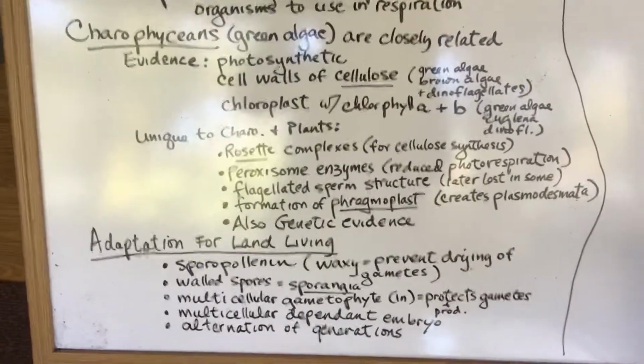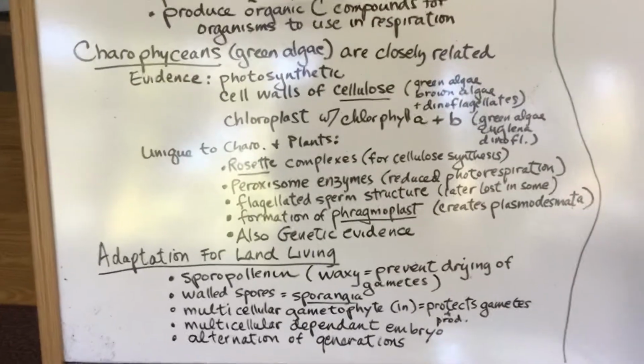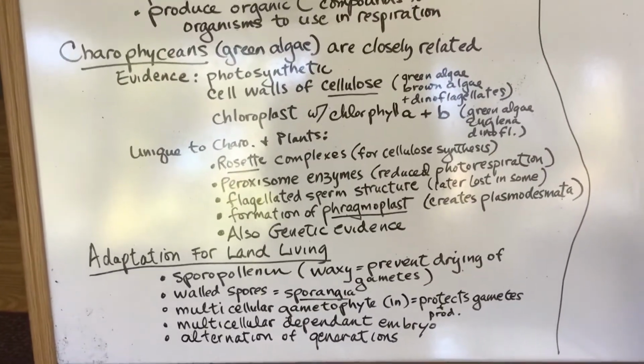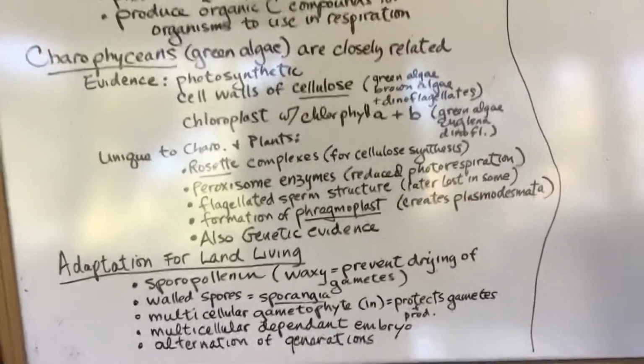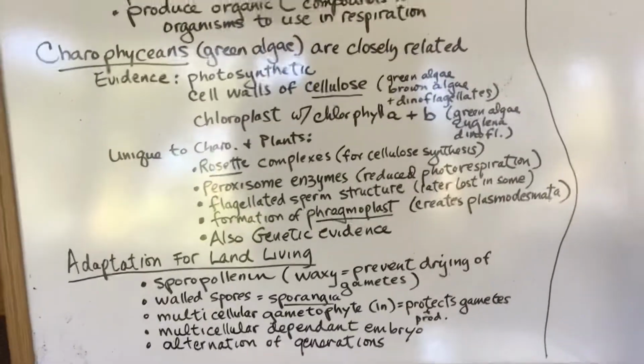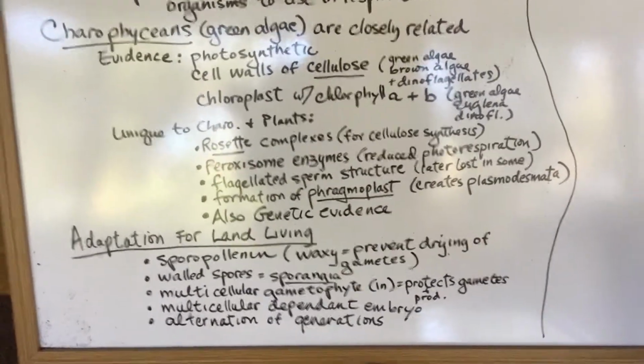Multicellular gametophyte means a protective structure that actually holds the gametes. A multicellular dependent embryo, in other words, the embryo inside of a multicellular structure. And something called alternation of generations.